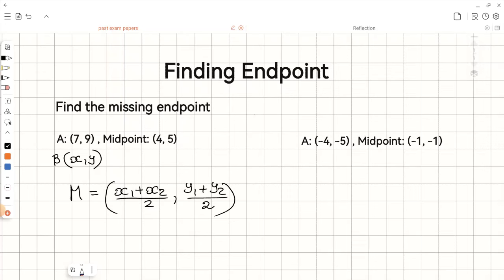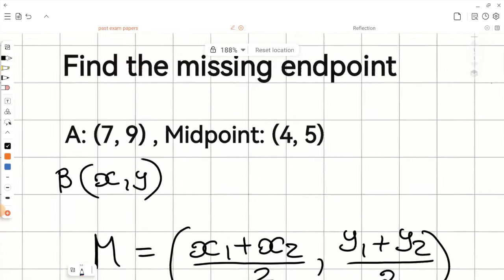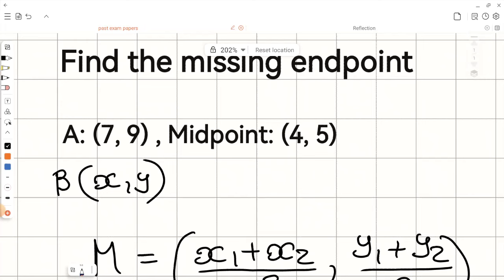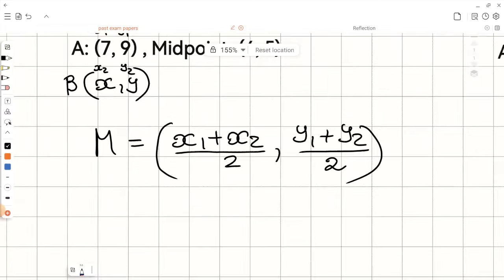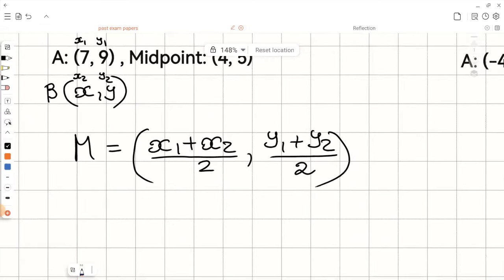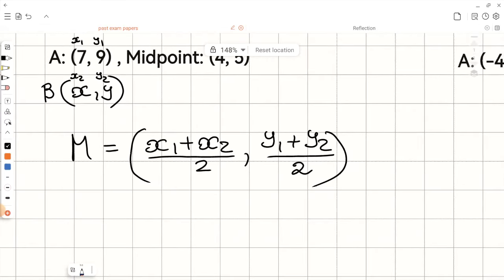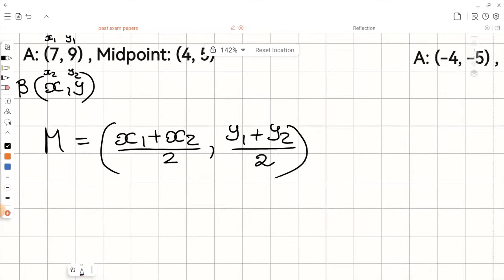Now, let's first label the coordinates of point A and point B. So let's call the coordinates of point A x1 and y1, and the coordinates of point B x2 and y2. Now all we have to do is plug these values into the formula.